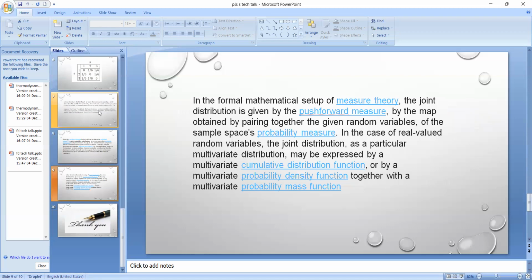In the formal mathematical setting of measure theory, the joint distribution is given by the pushforward measure, by the map obtained by pairing together the given random variables, of the sample space's probability measure.